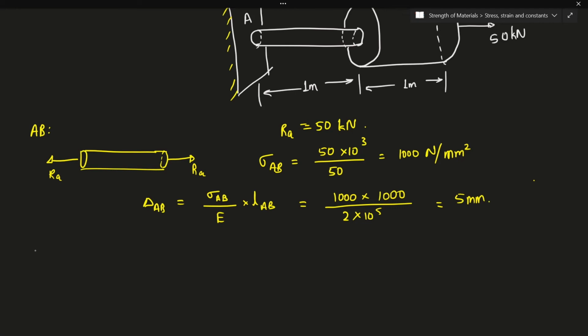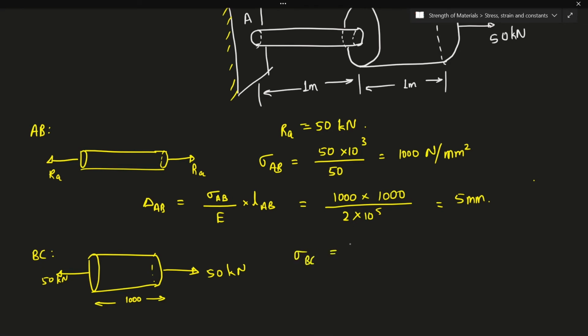Now for BC, the load acting upon this will be again in tension, so the load here is 50, so here also it will be 50. Now the length again is 1000 mm, so sigma BC again is given by 50 into 10 to the power of 3 divided by the cross-sectional area, which is 100, so which is nothing but 500 Newton per mm square.